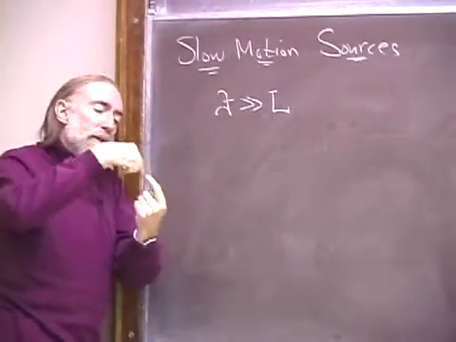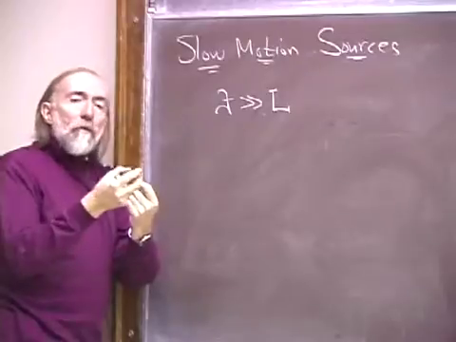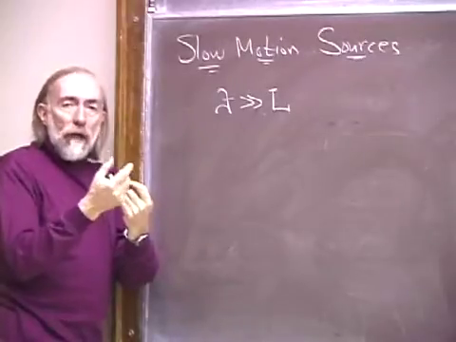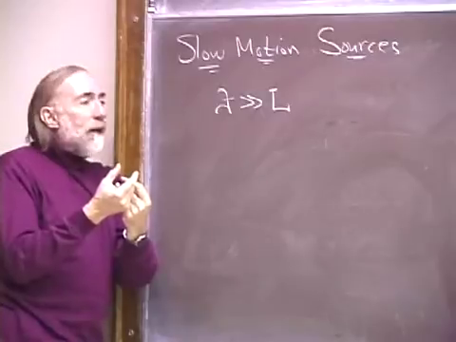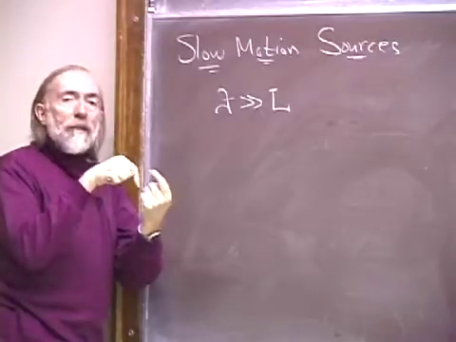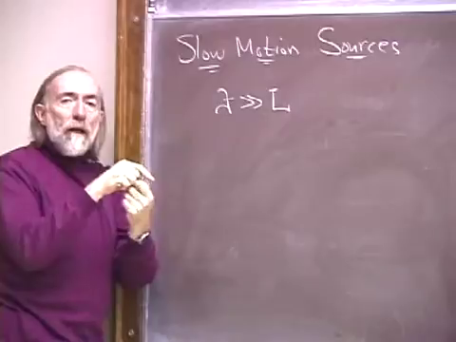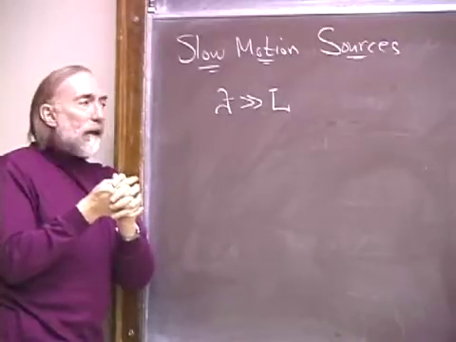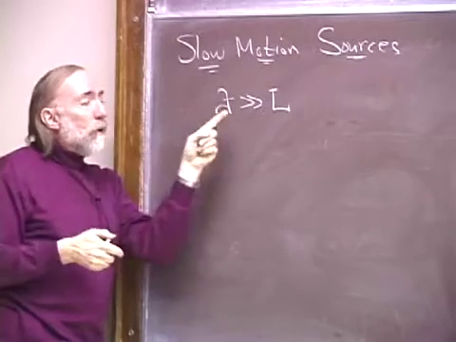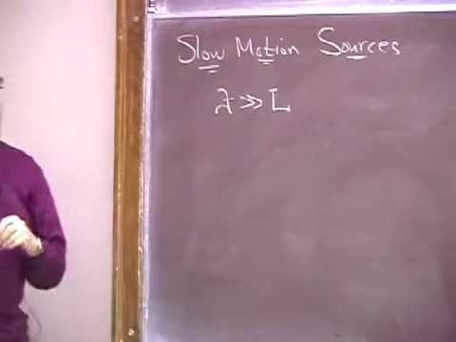And as it spins, that mountain radiates gravitational waves. And the waves are coming from a very strong gravity region of space-time. But neutron stars typically spin sufficiently slowly that the wavelength of the waves is large compared to the size of the neutron star. And as a result, the slow motion approximation is valid.